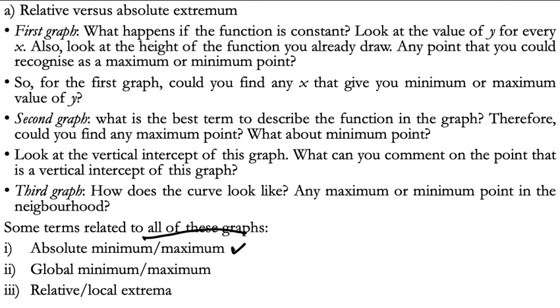So number 1 and number 2 here, absolute and global, are the same thing. Relative is when the point is maximum or minimum within the immediate neighborhood defined in the graph.